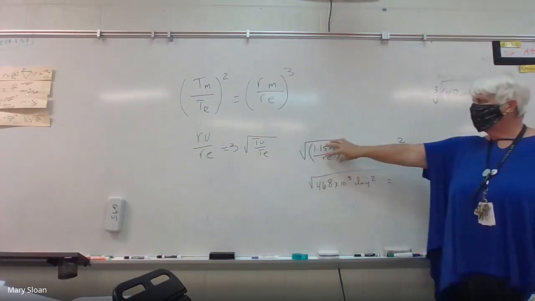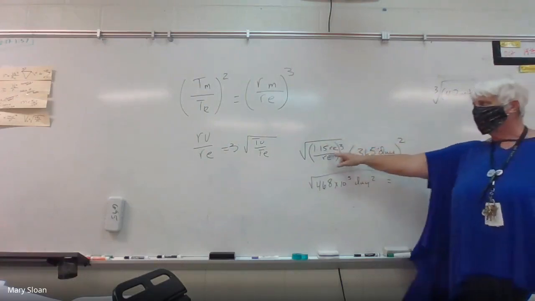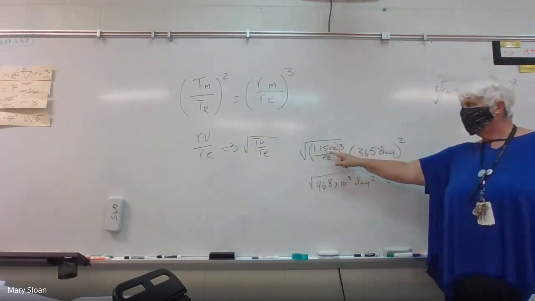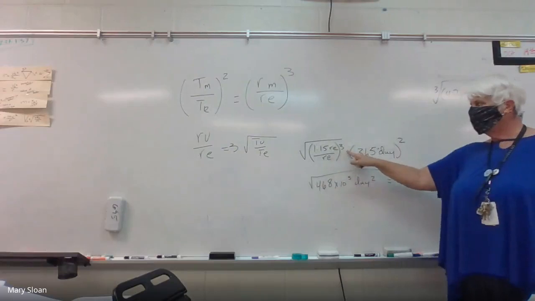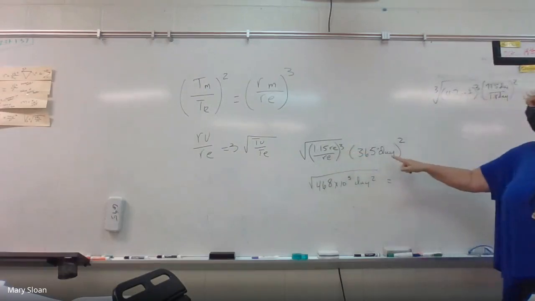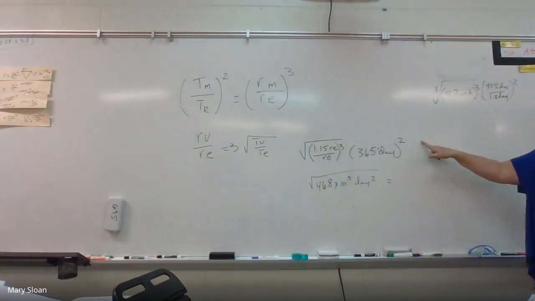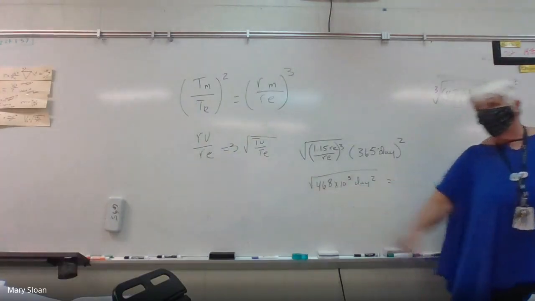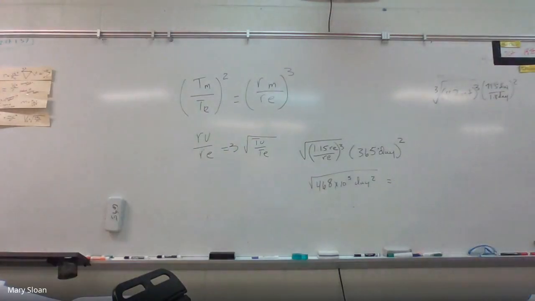So what I did is I did 1.15 divided by 1 cubed times 365 squared. See if you get 468. And then I square rooted it at the end because I couldn't do it all in one function.